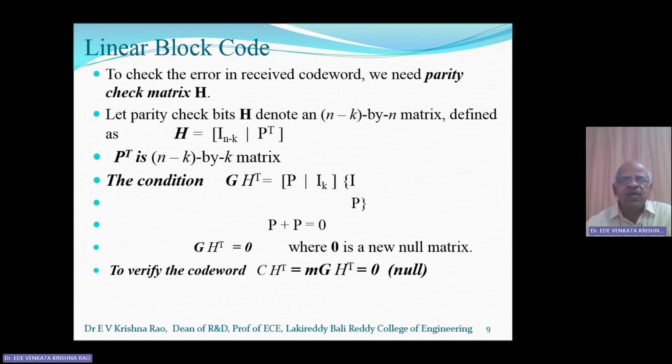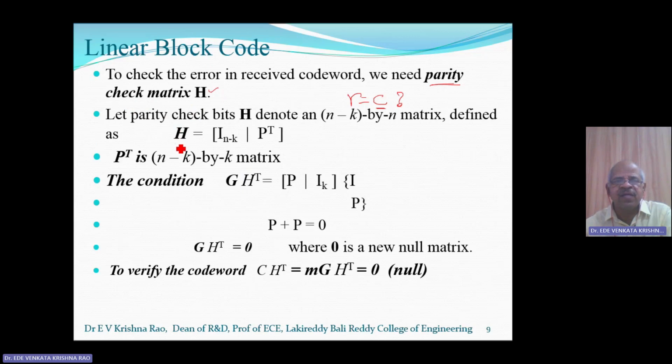If this code word is transmitted, the receiver receives a word, R for example, while the transmitted code word is C. So we need to check whether the received word R equals C or not. To check this error, a parity check matrix, denoted H, is required.